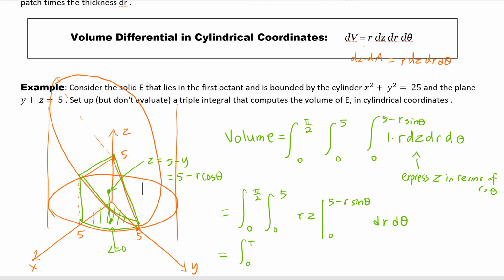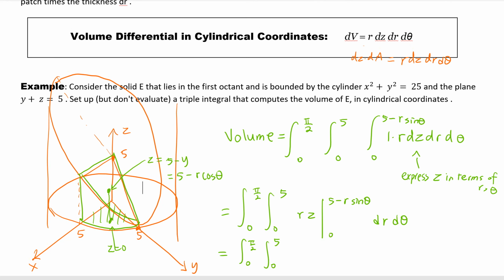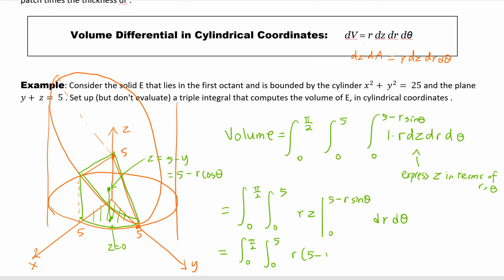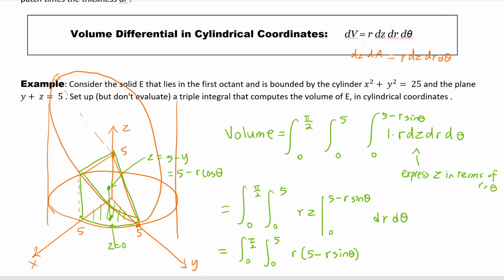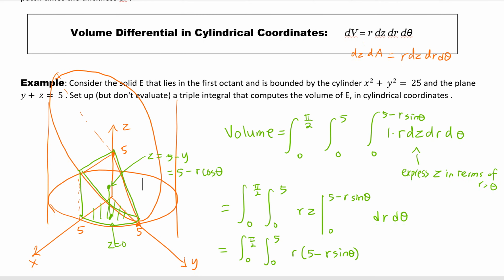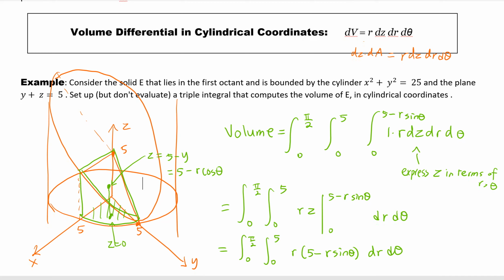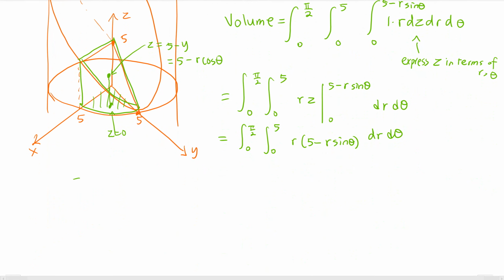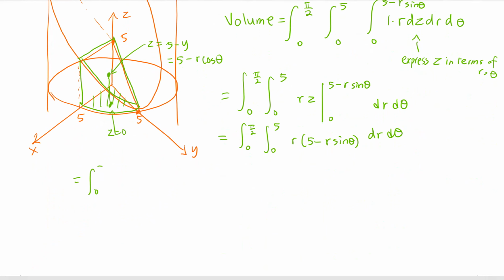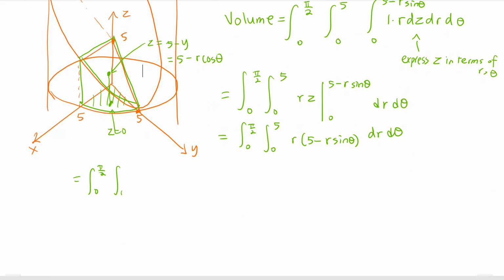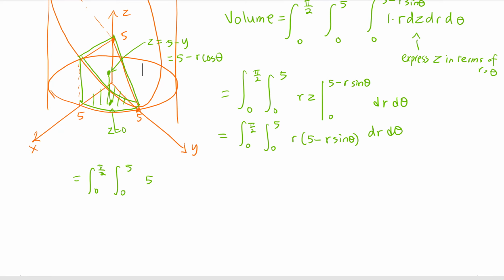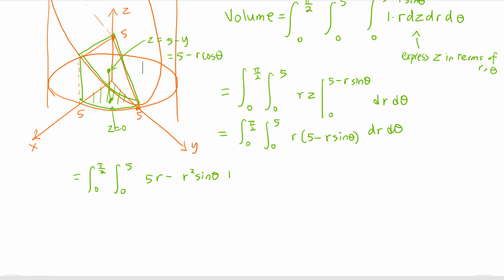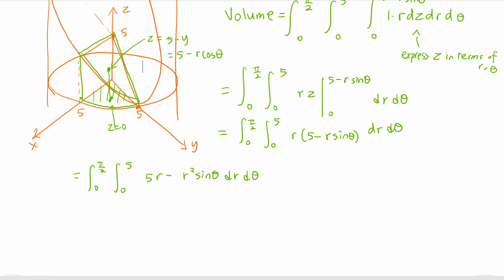So that equals, here we plug in z equals 5 minus r sine theta. When we plug in z is 0, we just have 0. Okay, and what is this guy? Well, we can distribute. Remember, we don't have a product rule, but in this case, we can distribute: 5r minus r squared sine theta, dr d theta.